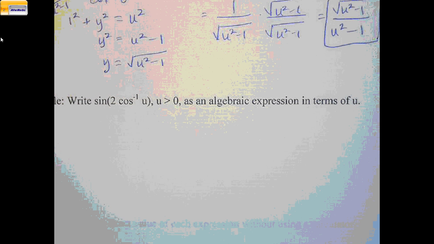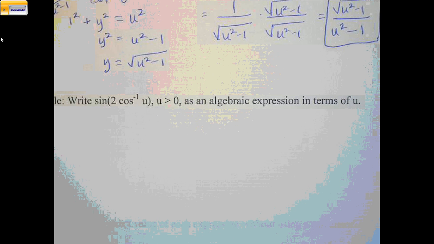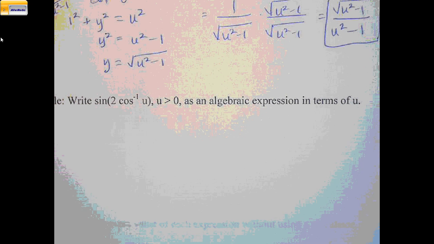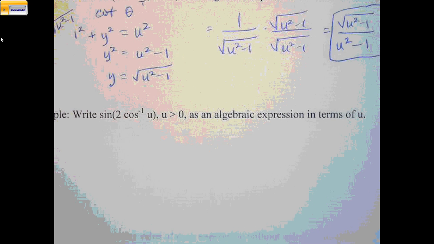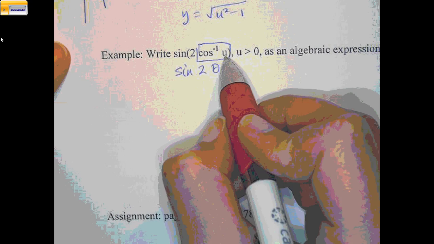Last one. Sine of 2 times the inverse of cosine of u. Inverse right here is asking a question. It's saying, what's the angle? So we're looking for the sine of 2 times some mystery angle. Triangle's next. So we've got cosine of positive u.